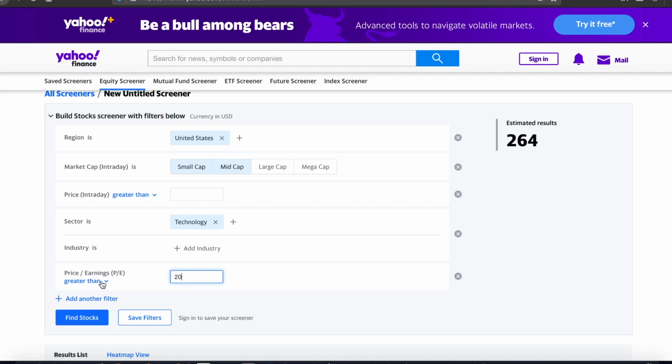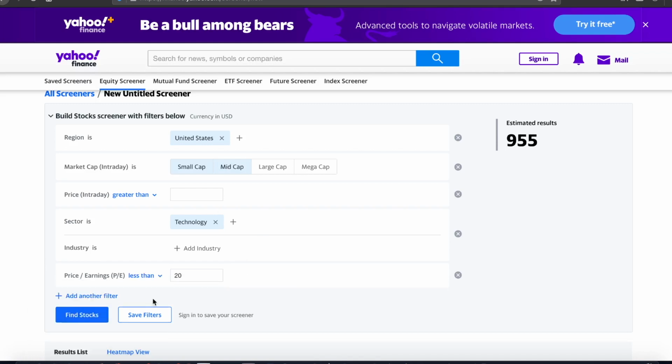But let's actually look for companies with less. So remember, if it's less than 20, the smaller the PE ratio, the more probability that it is undervalued, meaning it is possibly a good buy. So let's actually move this down to 10. We still have a lot of companies here.